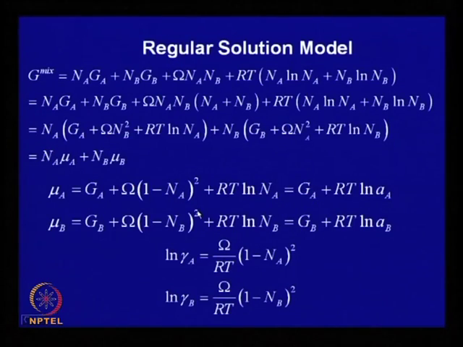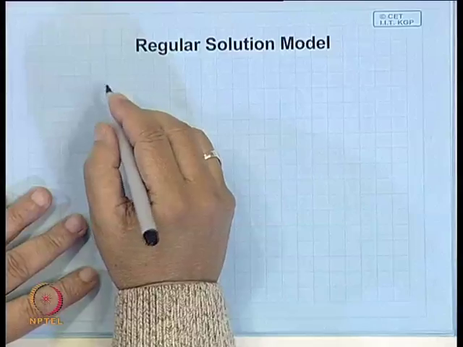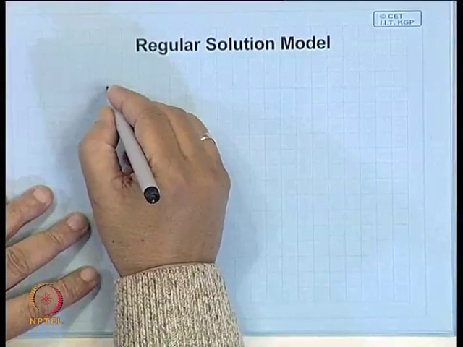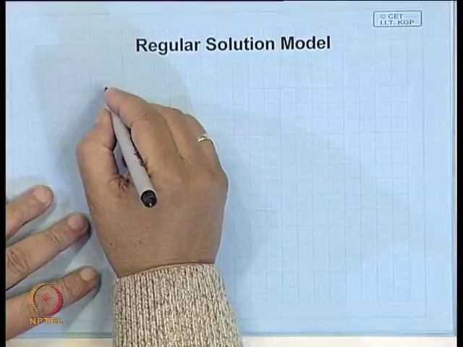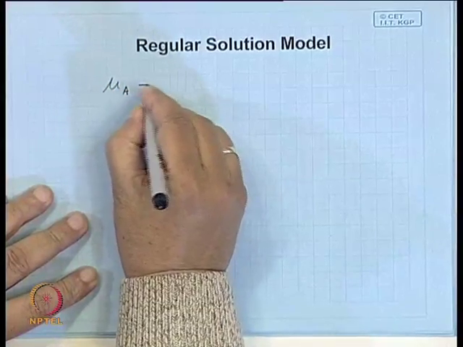So, for a regular solution, assuming the nature of bonds and how they form, it is possible from the bond energy to derive an expression for the activity of a specific atom A and B in a regular solution model.